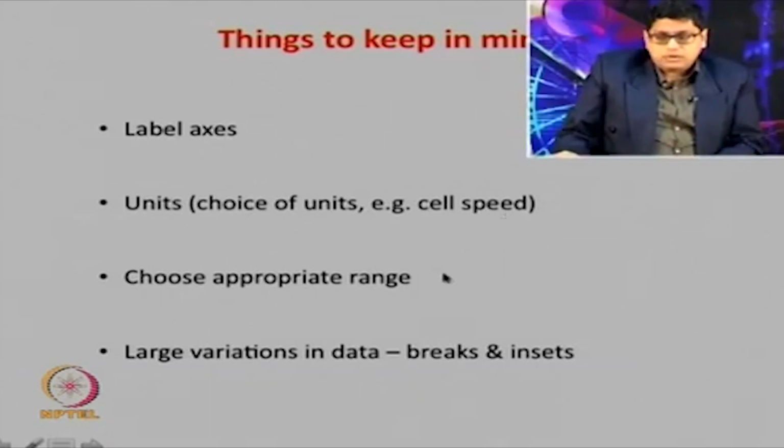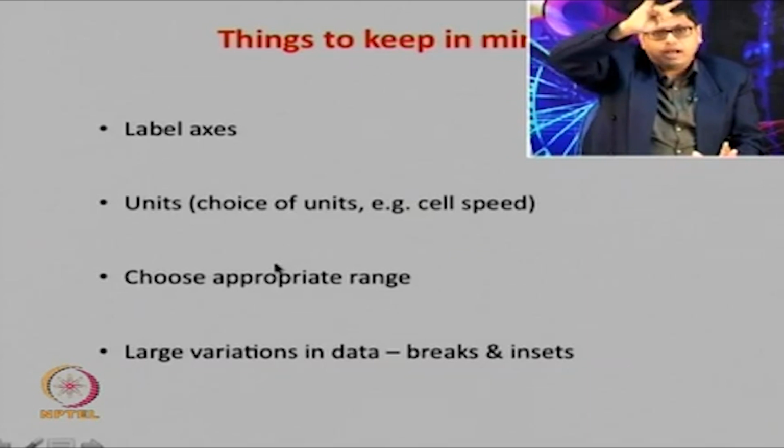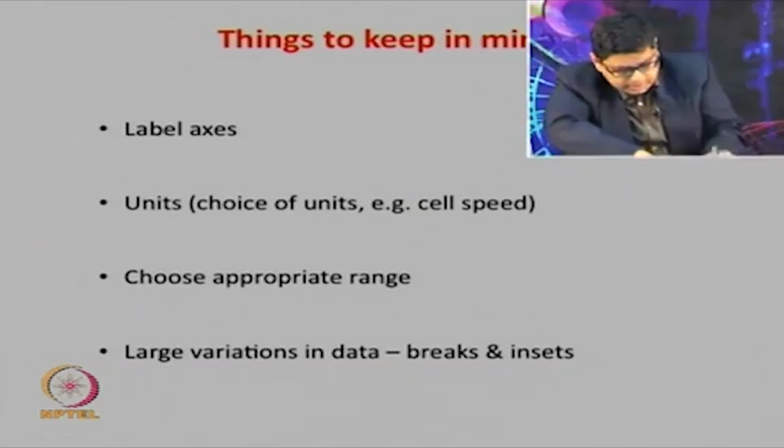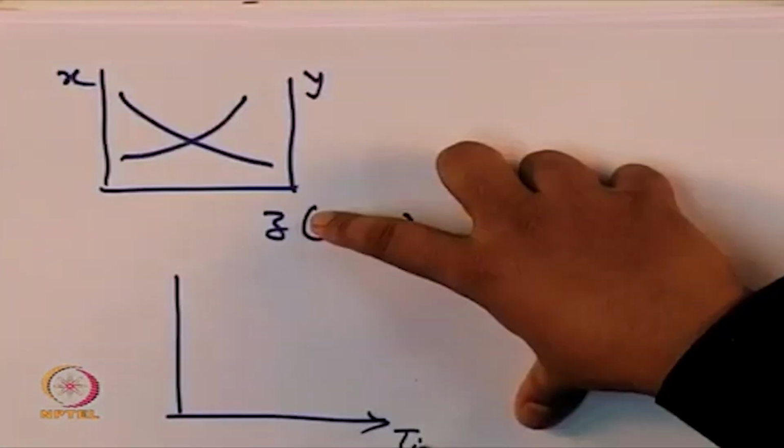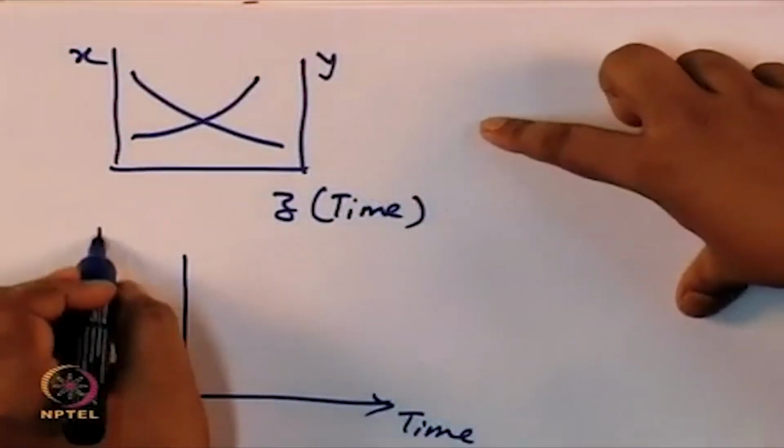That also brings us to choosing the appropriate range. Let us say you are seeing a population explosion and you choose the maximum value for your y axis. If I go to the example, let us say this is time and this is my population.